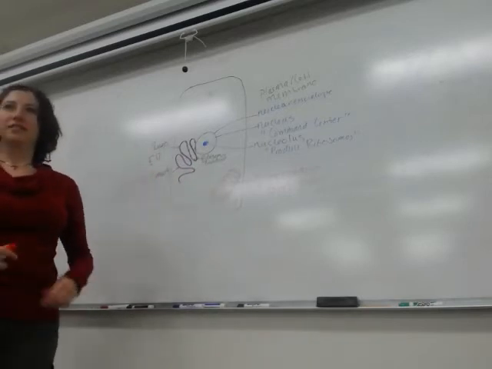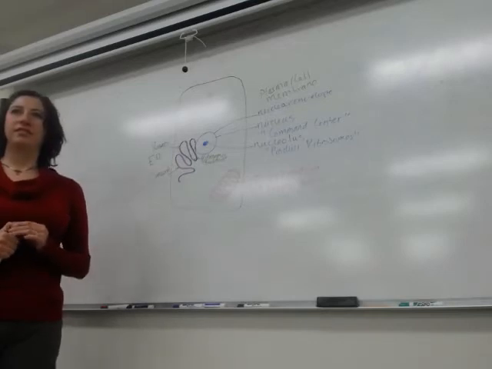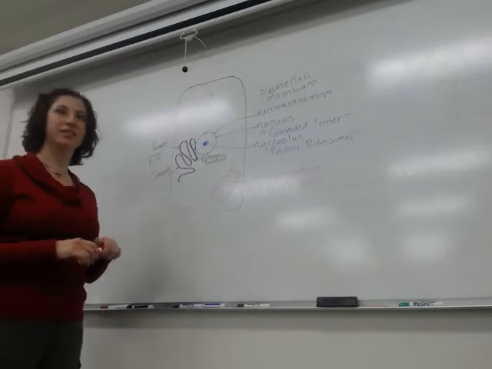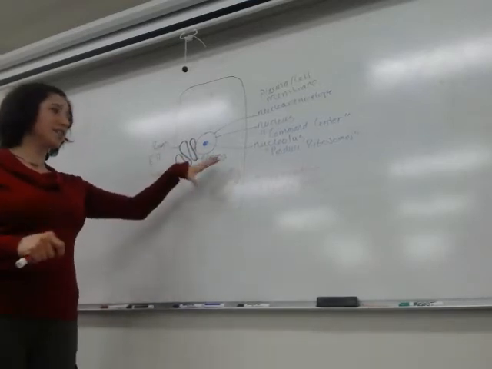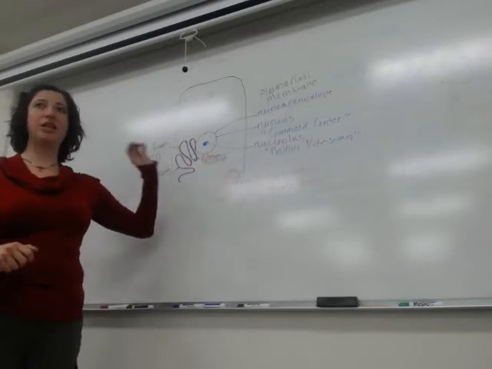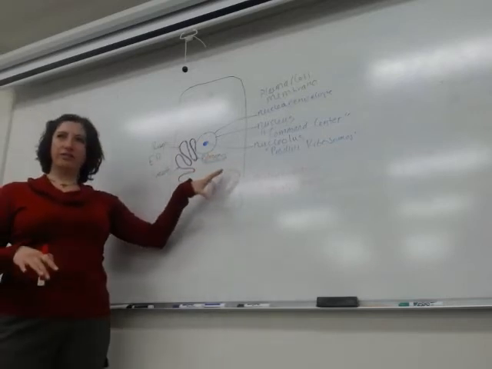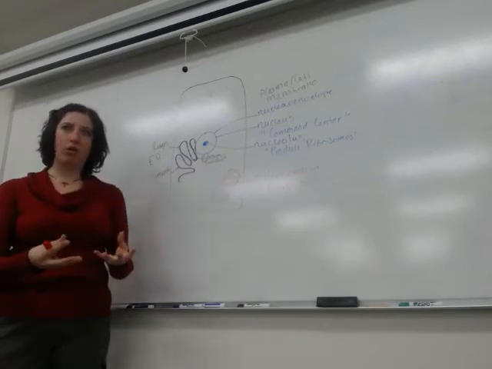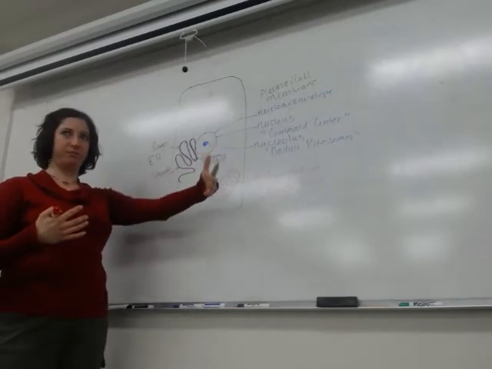So it makes ATP, whatever energy needs to be made, and provides the energy for the cell. It doesn't necessarily use the ATP, but it makes it. I think it's kind of like a coal factory, where the factory makes the coal, doesn't necessarily use it. It ships it out to where it needs to go.